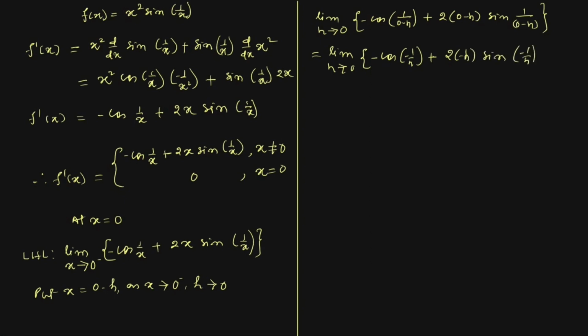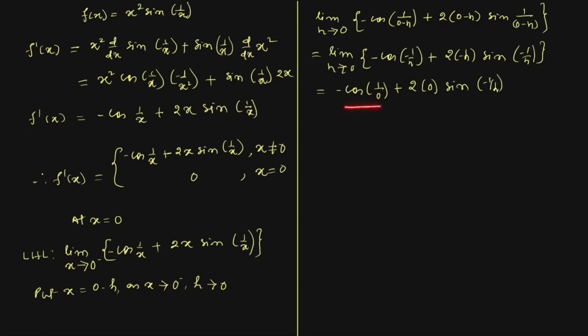minus 1 by h. If you put the limit, then we will get cos 1 by 0 plus 2 into 0 sine minus 1 by h.